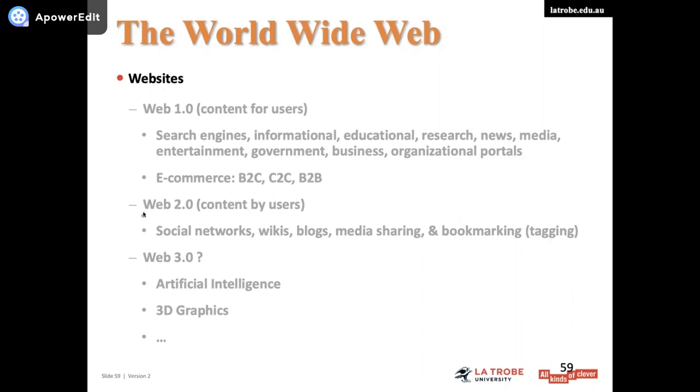Now there's a new trend called Web 3.0. Web 3.0 is a new concept. It's not widely accepted by older people, but it's happening. For Web 3.0, there are many new features such as AI, artificial intelligence.